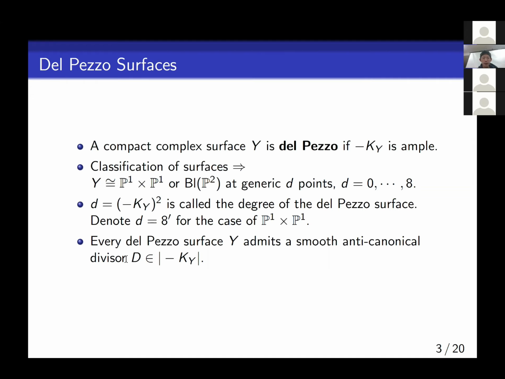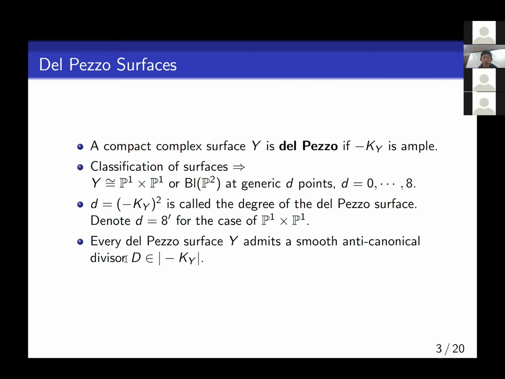Every time you blow up P2, it will decrease the degree by 1, so if you blow up P2 at D points, then you get degree 9 minus D. By direct calculation, P1 times P1 has degree 8.